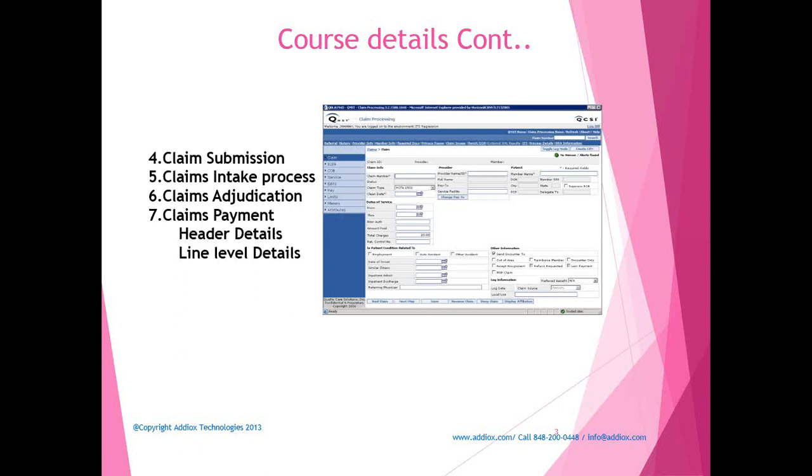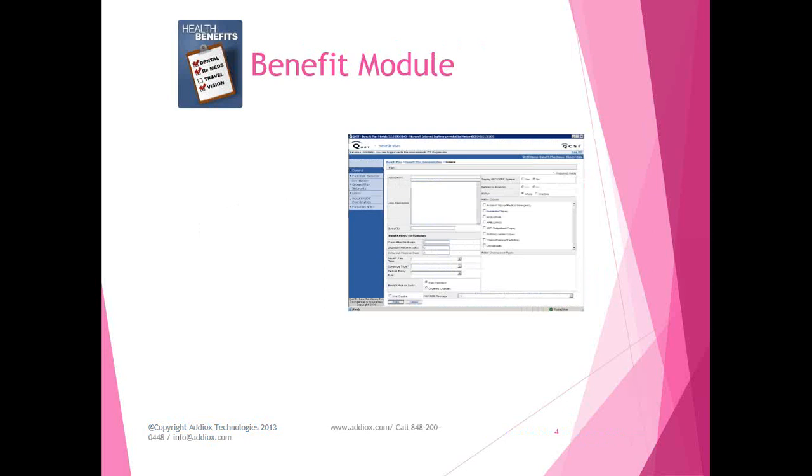Now, the claim is always divided into two segments. One is your header level information and another is your line level information, like number of services, what each service was. On the other hand, the header level information is more about the provider information, which is common no matter how many services the patient has taken.